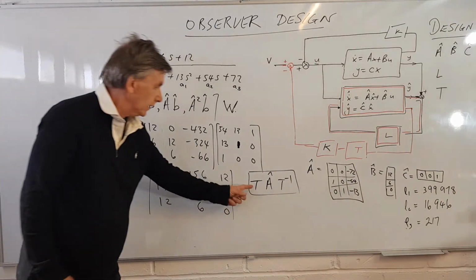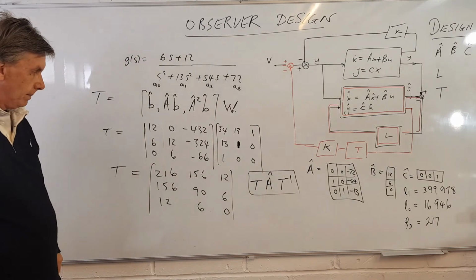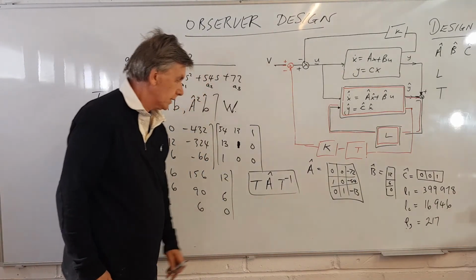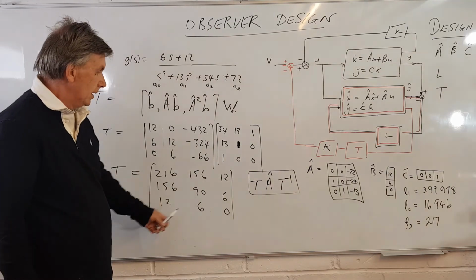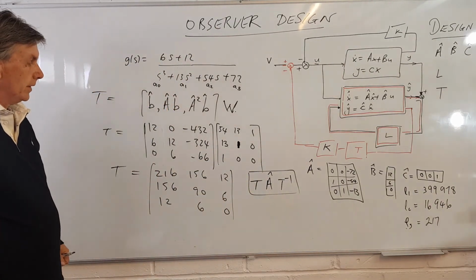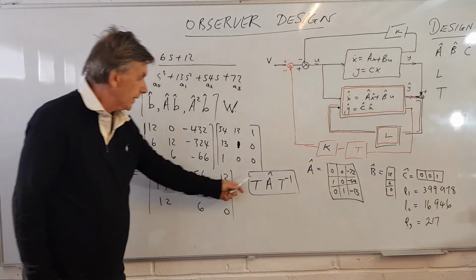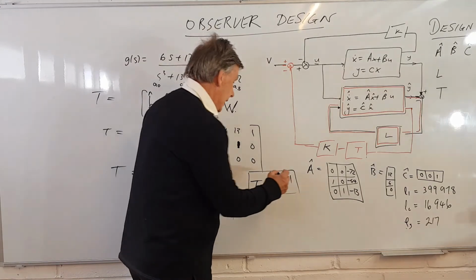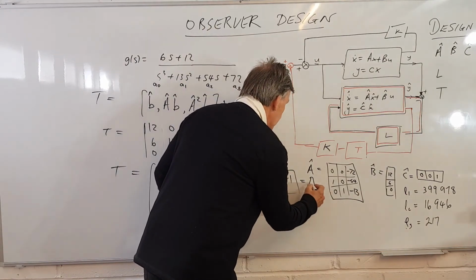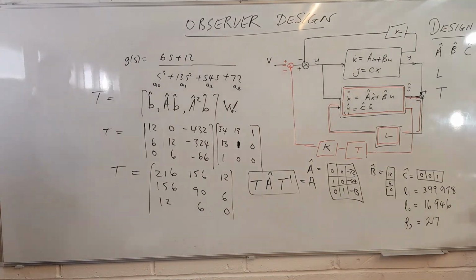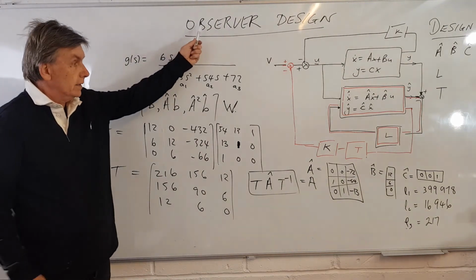That's a little check you could do in MATLAB, because this could only be done in MATLAB since you've got to invert this matrix T. So that could be a final check if you've done this for real, to check that that matrix there did in fact come out as the original A. And that then is the overall design of an observer.